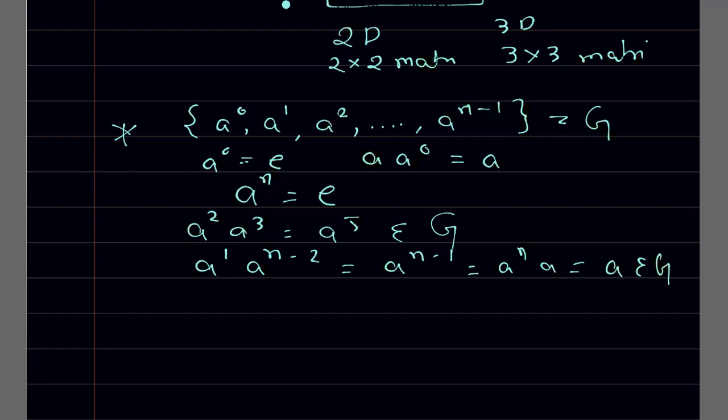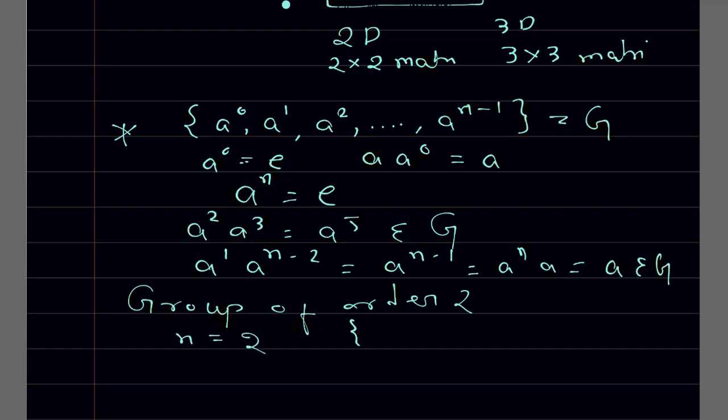So this is just an example. This is a general example. From this example, I can write a group of order 2. By group of order 2, I mean n is going to be 2.